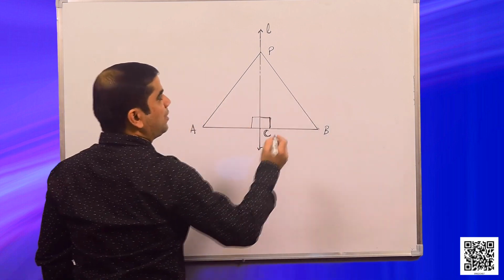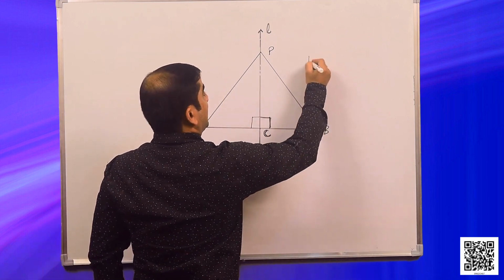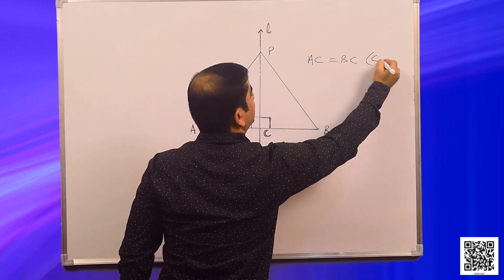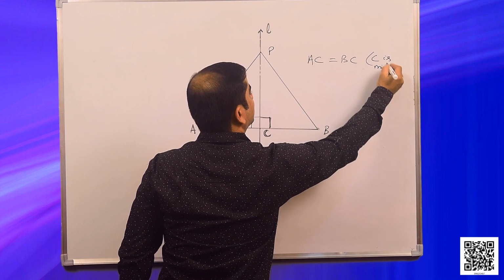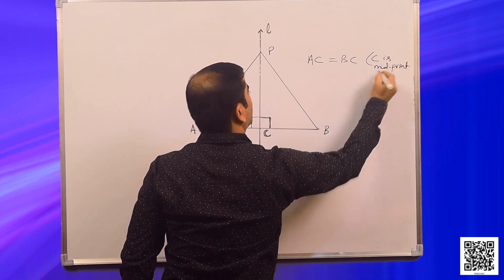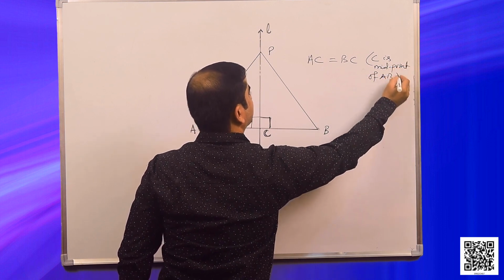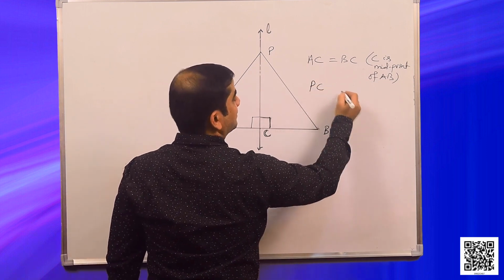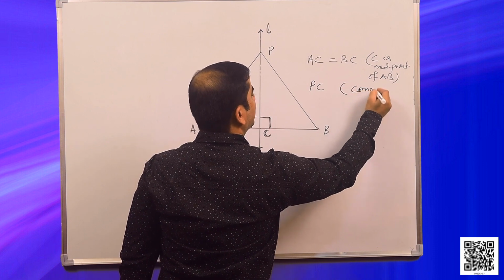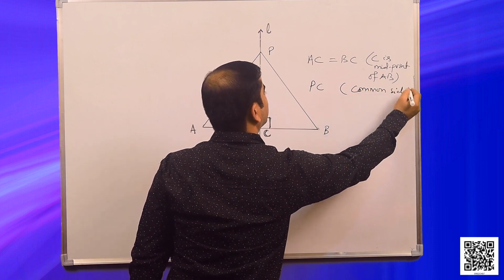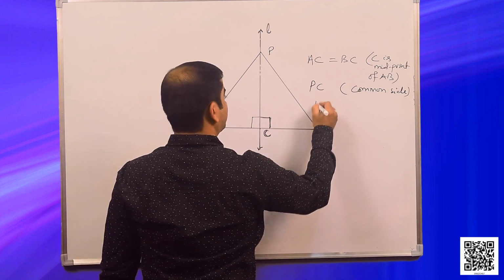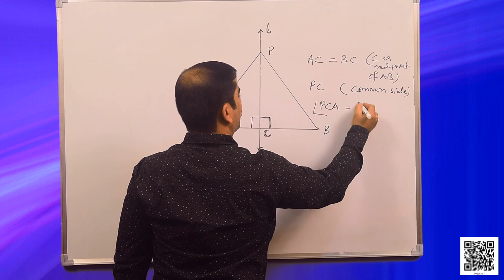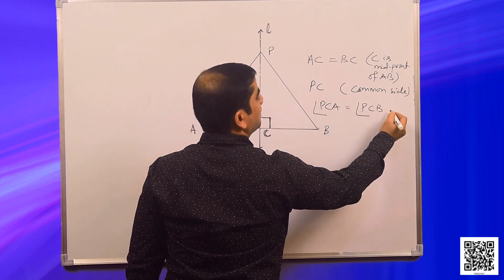So what we have found? AC is equal to BC, that is C is midpoint of AB, then PC, it is our common side, and angle PCA is equal to angle PCB.